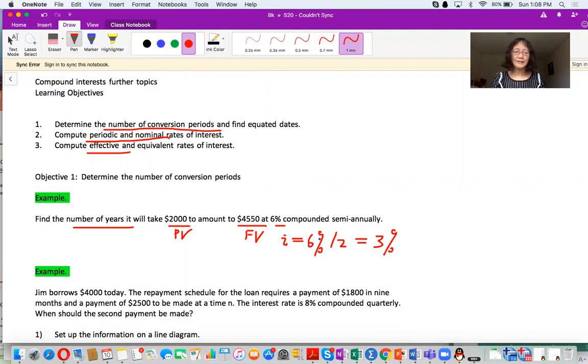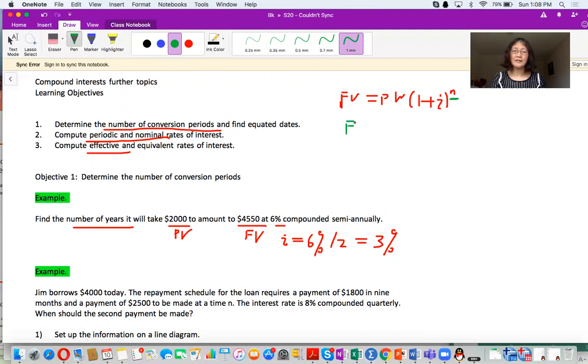Once we identify this, we have a formula, FV for compound interest: future value FV equal to PV multiply 1 plus i raised to power n. Our objective is to solve for this n. What is n? That is the question. So both sides, we divide by PV.